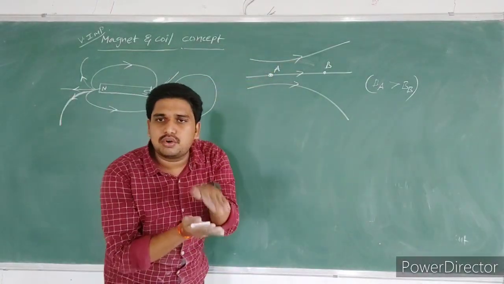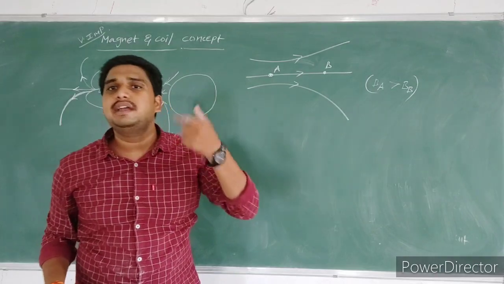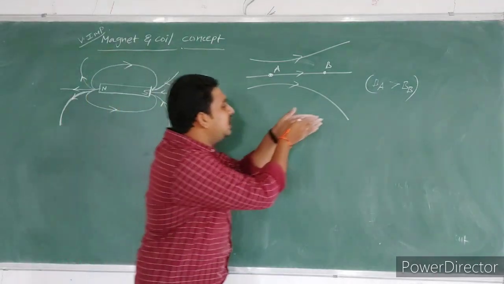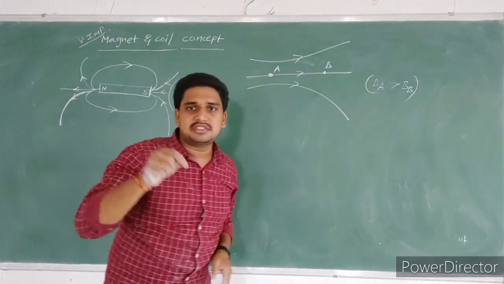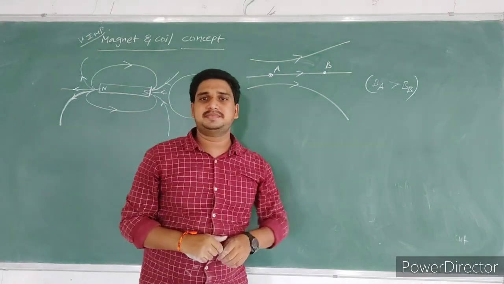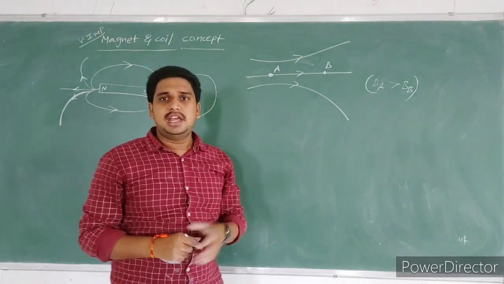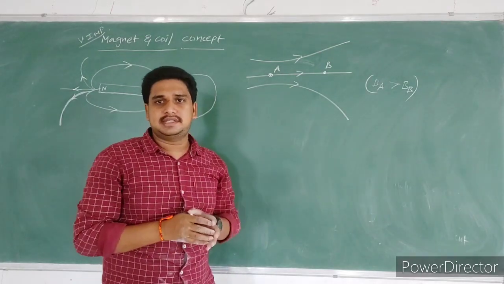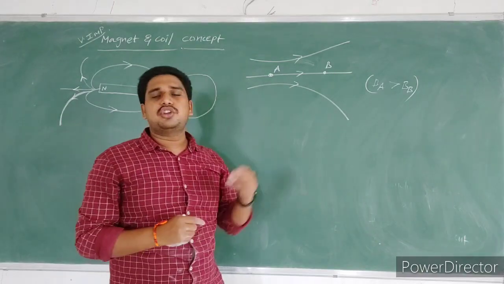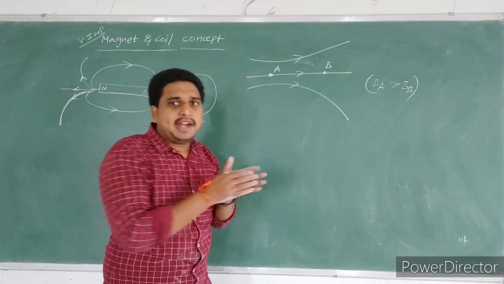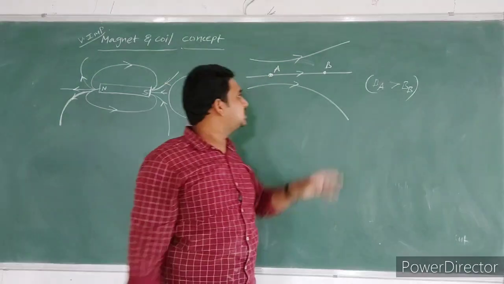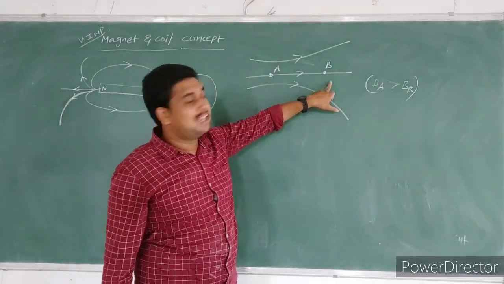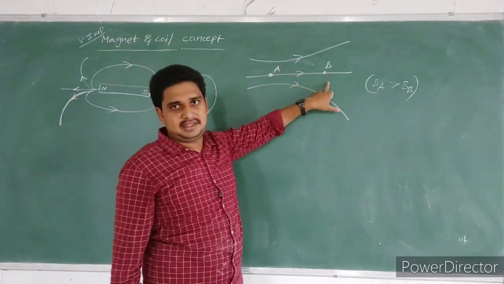Whenever field lines are closer, the strength of the magnetic field is high. If field lines are far away, the strength of the magnetic field is less. So please keep it in mind. If a crowd of magnetic field lines is close together, the strength of the magnetic field is high. If the field lines are far apart, the strength is less. So B_A is greater than B_B.